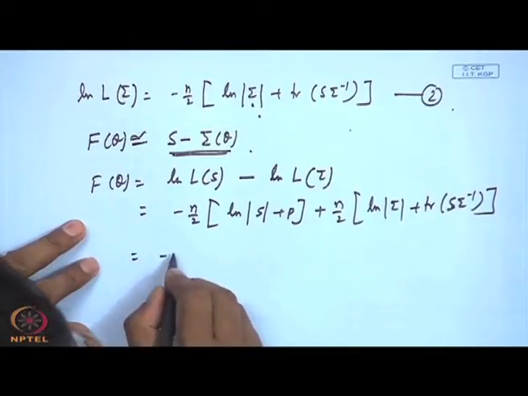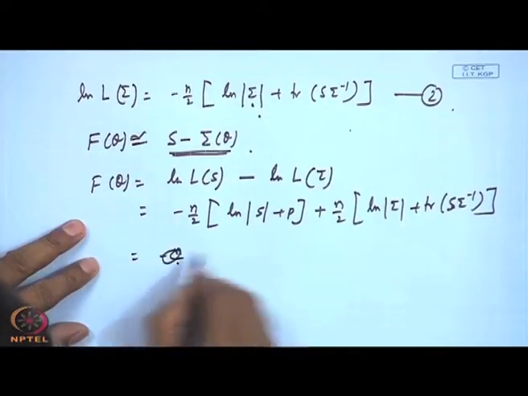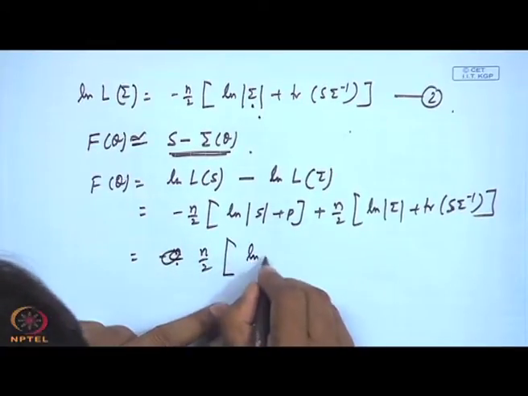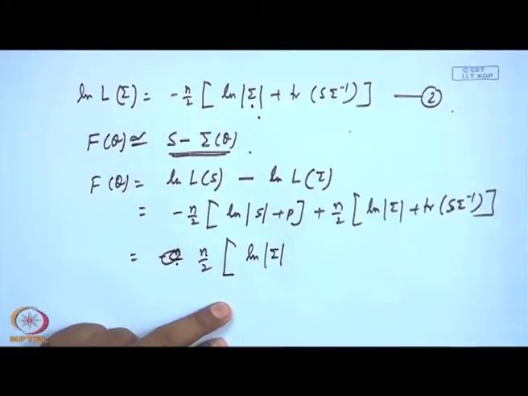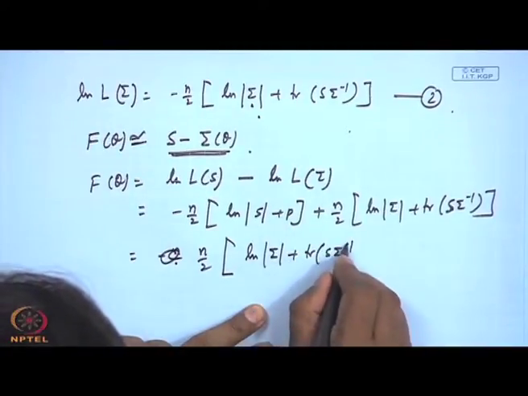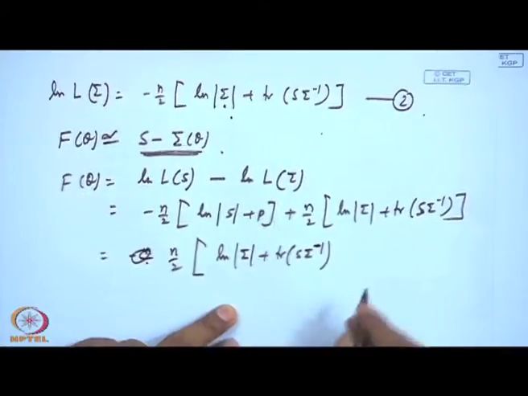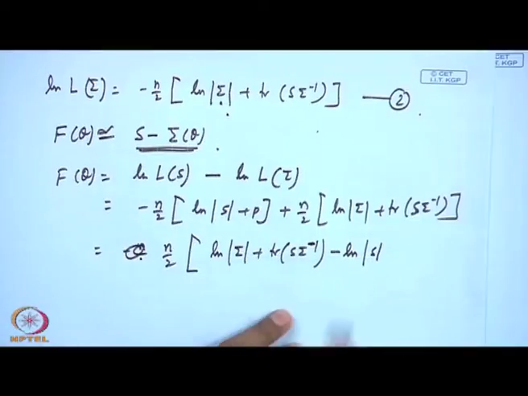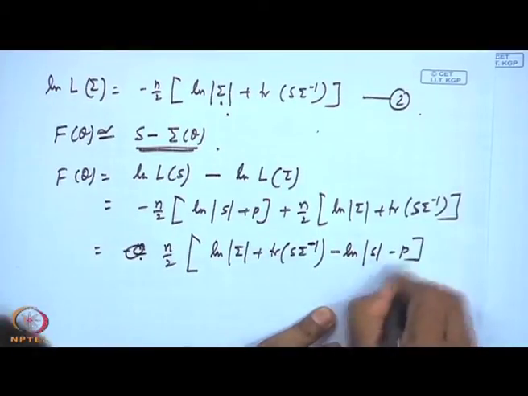So, this one you can write as minus n by 2, then log of determinant of sigma plus trace of S sigma inverse minus log of determinant of S minus p.